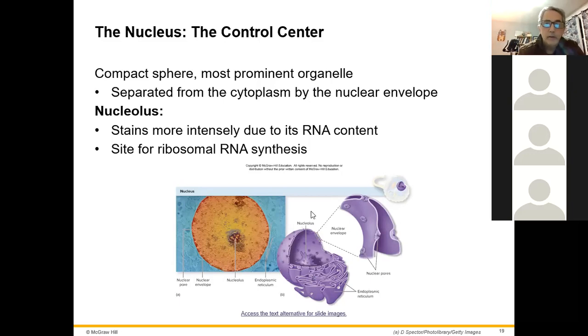So it's a site of ribosomal RNA synthesis in the chromosome. If you looked at this nucleus and the nuclear membrane, in the region where the DNA is, in this dark staining region, the nucleolus, this is where the cell is actively transcribing RNA.